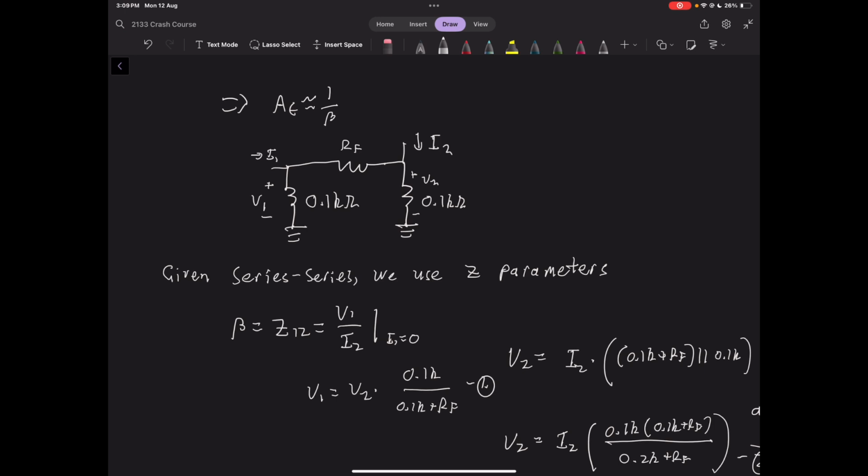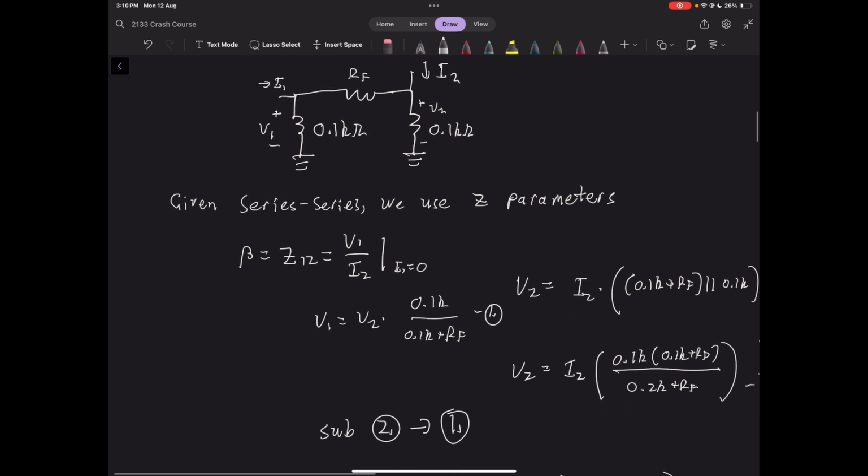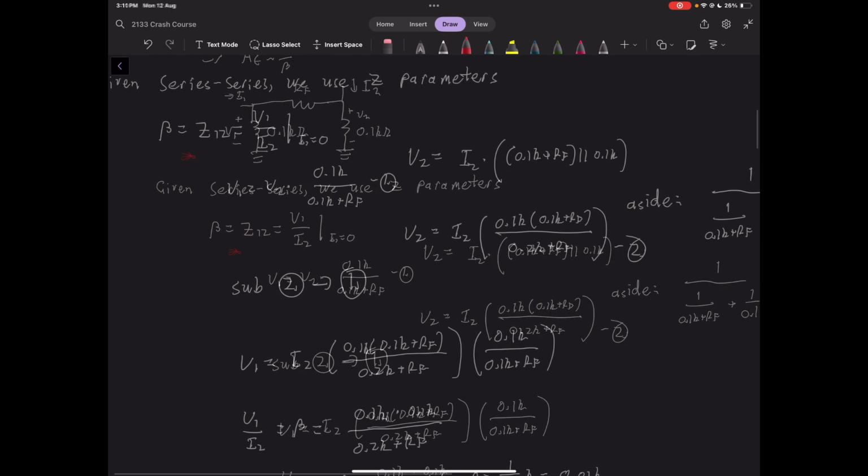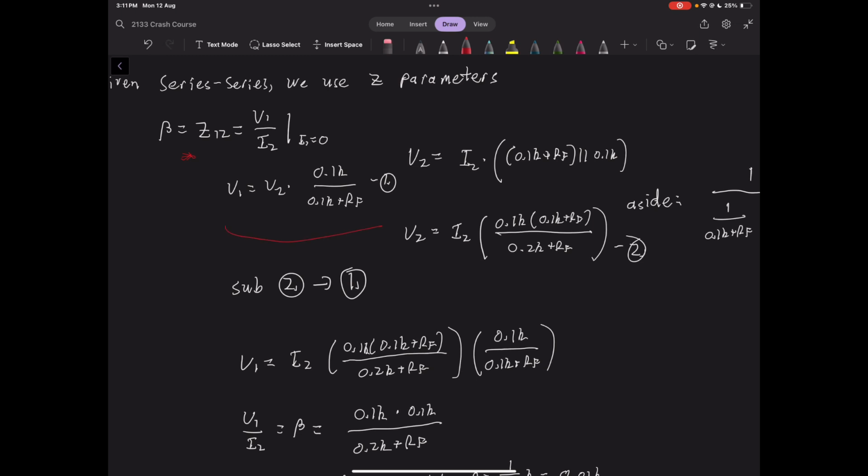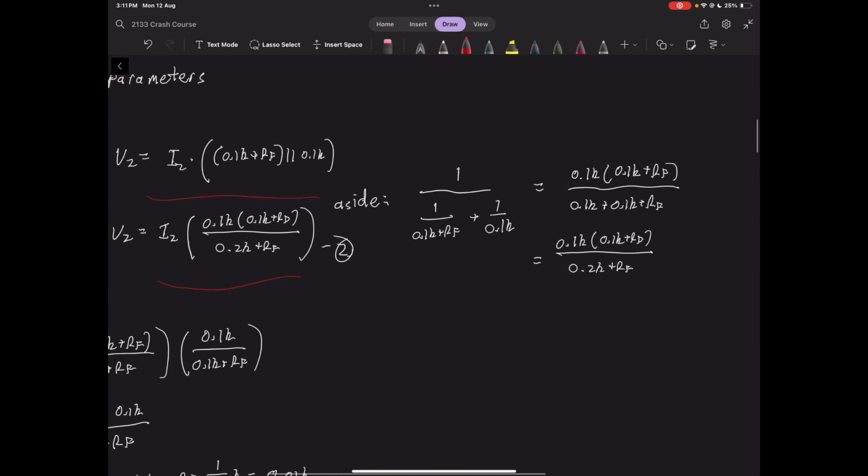Topology is series, so we use Z parameters or impedance parameters, and our beta value is equal to Z12, and that is V1 over I2 with I1 set equal to 0. So we found V1 in terms of V2 here, and then we found V2 in terms of I2, and then this simplification here down to this is the working for it over here, just on the side.